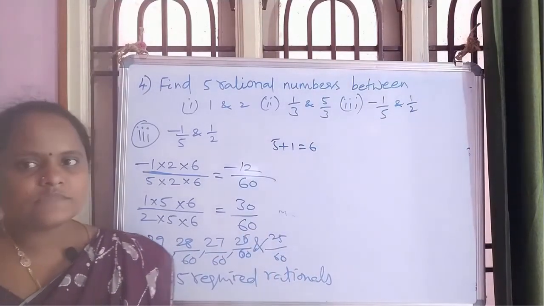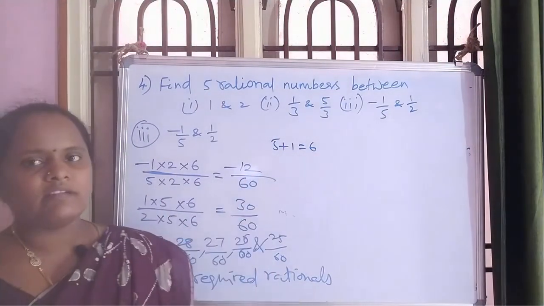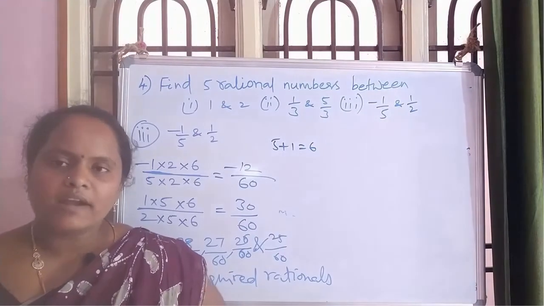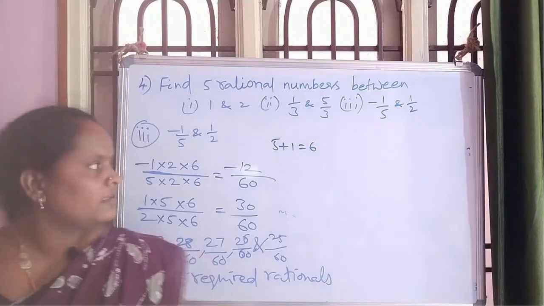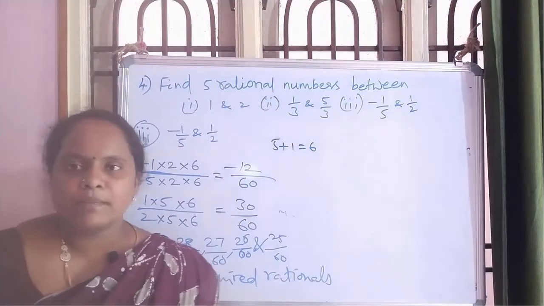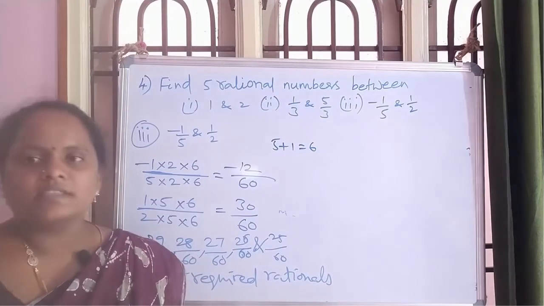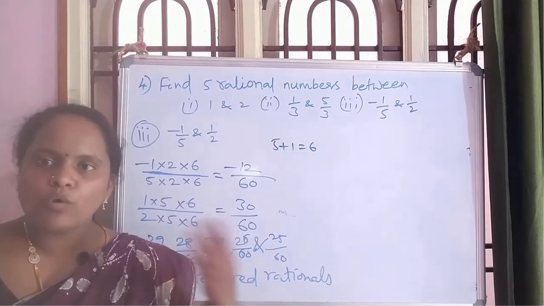Here, children, I think you understood. Here 5 rational numbers are asked, so we have taken 5 plus 1, 6. What happens if we take 5 plus 2, that is 7, and multiply both the numerator and denominator with 7 by 7? Yes, in this case also you will get the 5 required rational numbers or more than that.